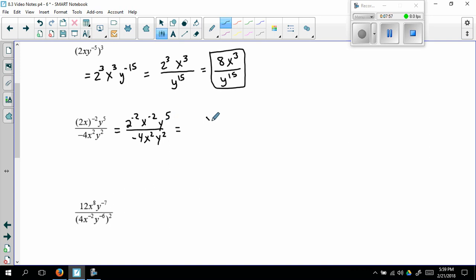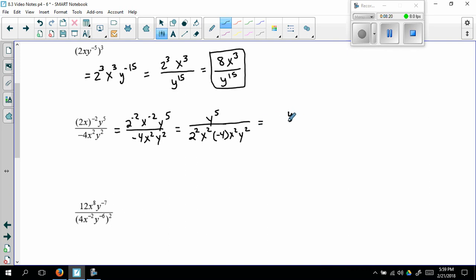So the y to the 5th is going to stay on top, but this 2 to the negative 2 becomes 2 squared on the bottom. X to the negative 2 becomes x squared on the bottom. Because again, realize this is the same thing as 1 over 2 squared and 1 over x squared. I still have these values that were on the bottom. They were all positive exponents, so I'm not doing any reversing.